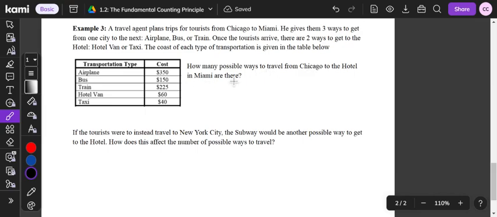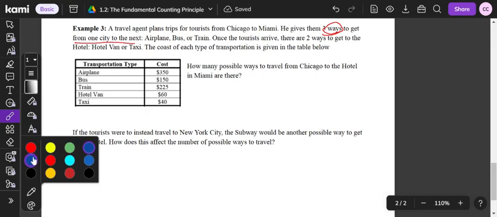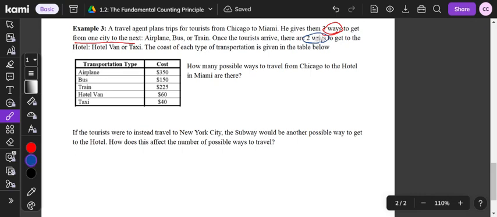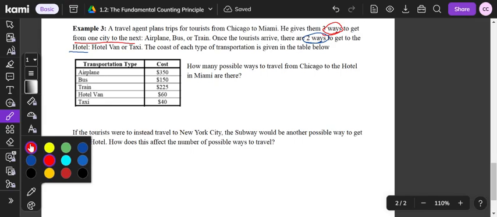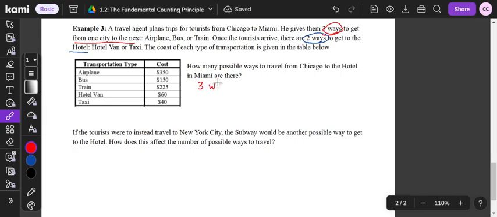Miami? Okay. So once again, we've got 3 ways to get from one city to the next. And then it says we have 2 ways to get to the hotel. All right. So we have 3 ways to get to Chicago.